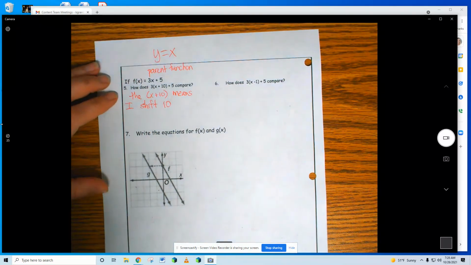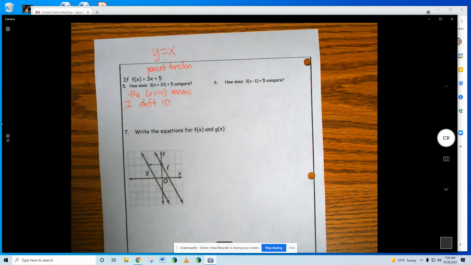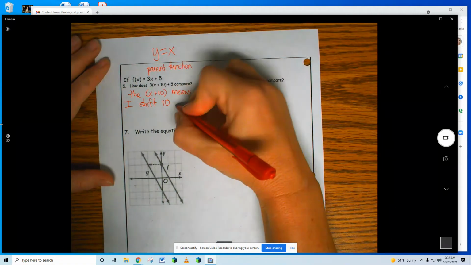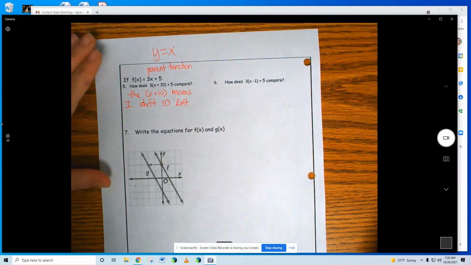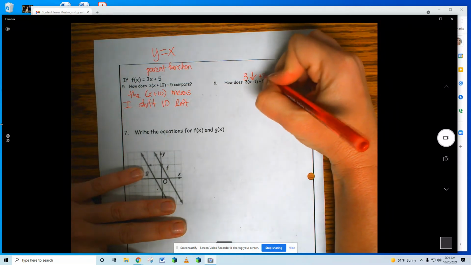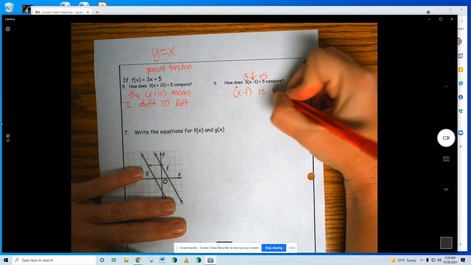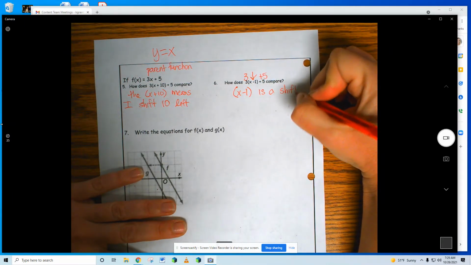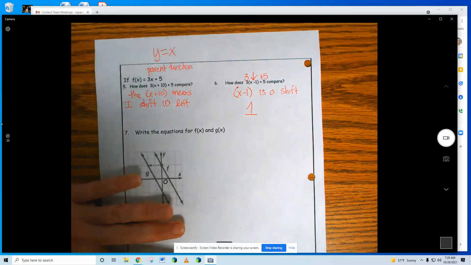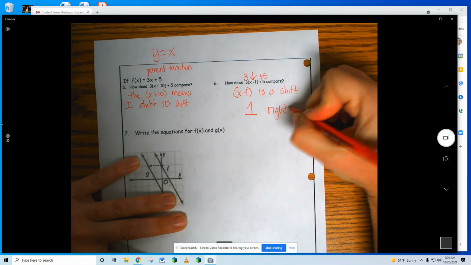Left or right. It's a positive 10, so your brain thinks, oh, positive 10 means to the right. But it's not. What is it? 10 left. Good job. And then there's this, 3 times something plus 5. Well, it's x minus 1. The x minus 1 is a shift 1 to the what? Right. Correct.